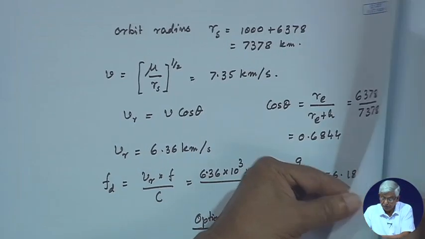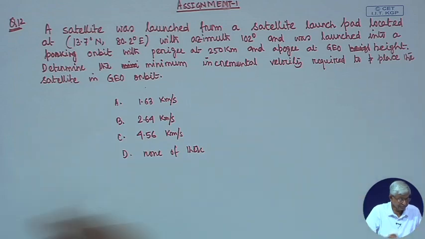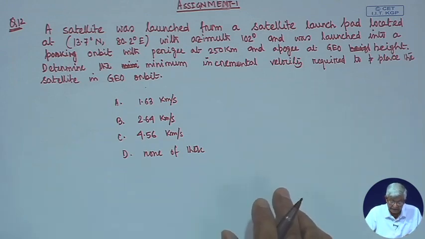Now, let us go to assignment 12. This is again an orbit, but an orbit velocity, incremental velocity check.